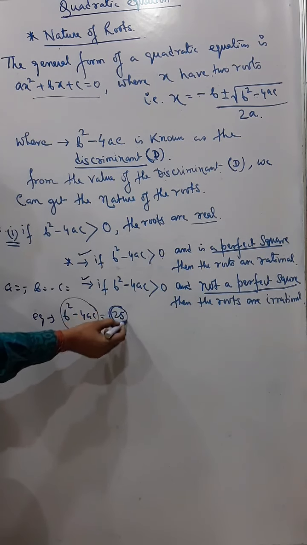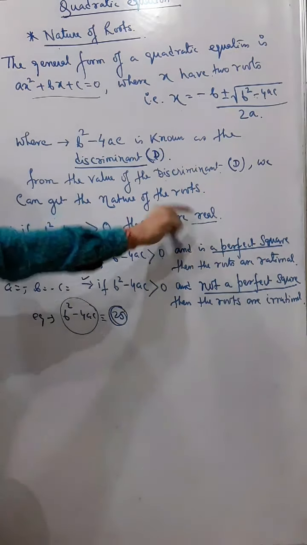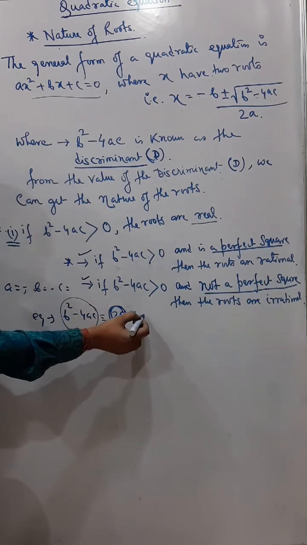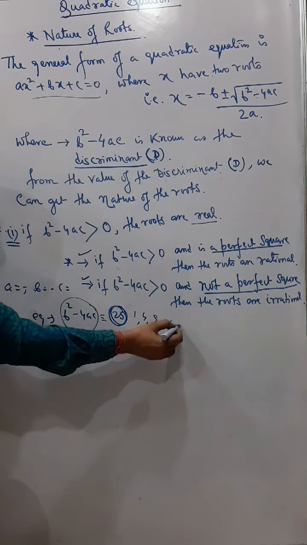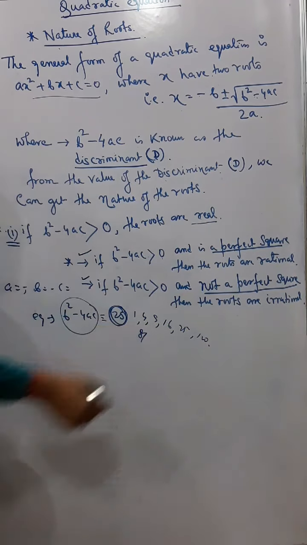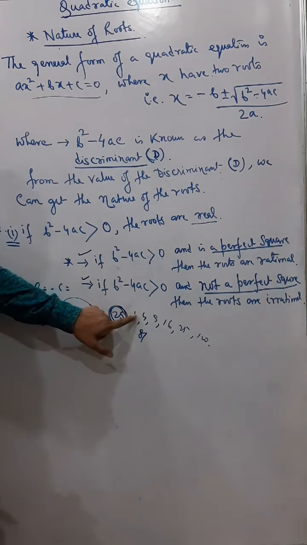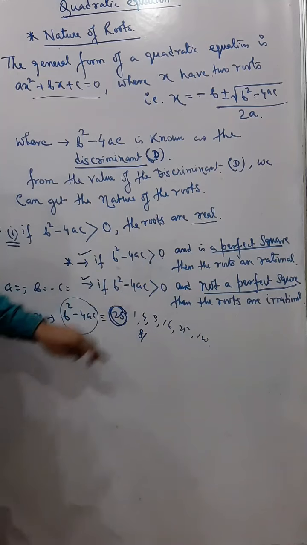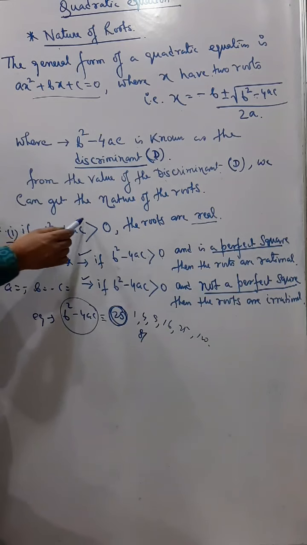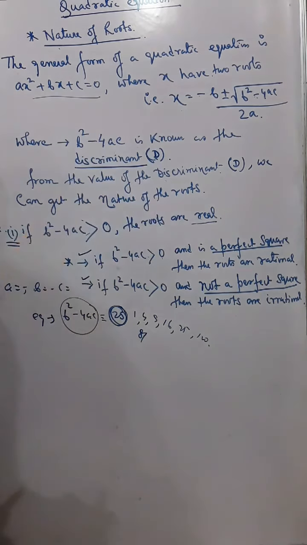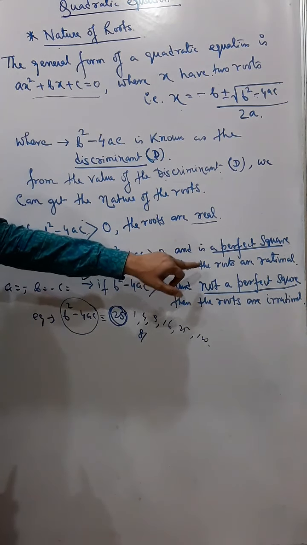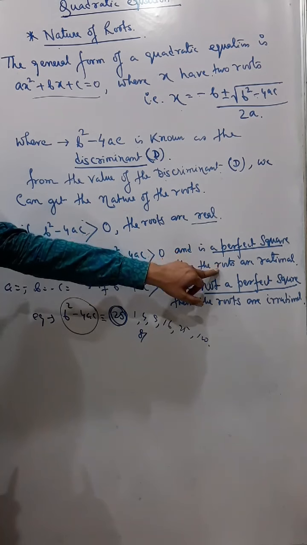So you can understand this 25 is already greater than 0, that means it is real, and this 25 is a perfect square number. 1, say 4, 9, 16, 25, 100, 81, all these numbers are perfect squares and naturally they are greater than 0. So in that case we say that the roots are real and rational. So that means the first thing is that if it is greater than 0 it will be real, and if it is greater than 0 and is a perfect square, that means the roots are rational and naturally real numbers.